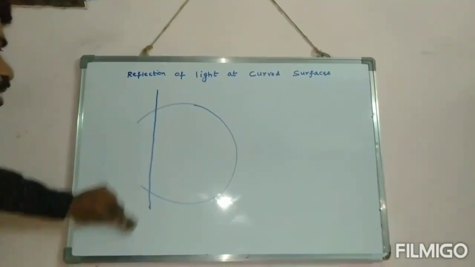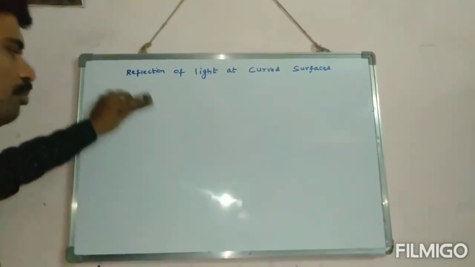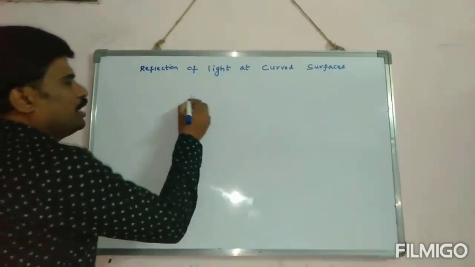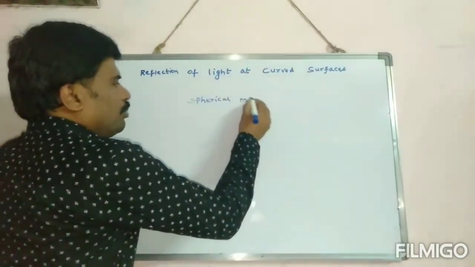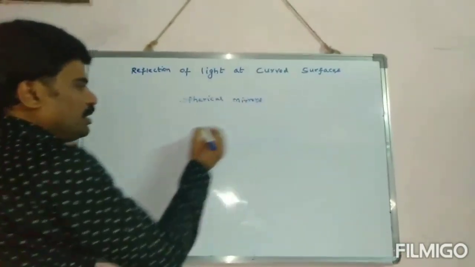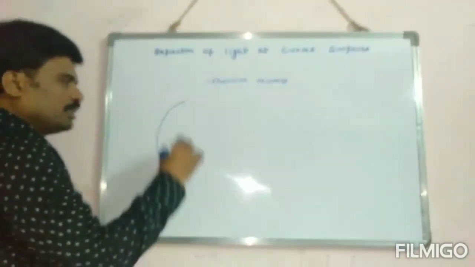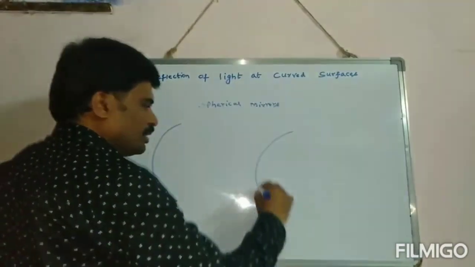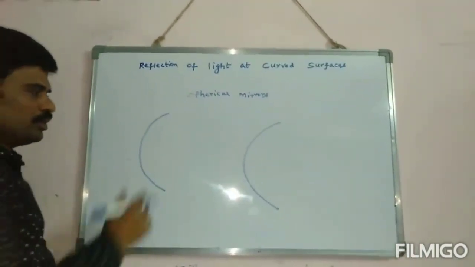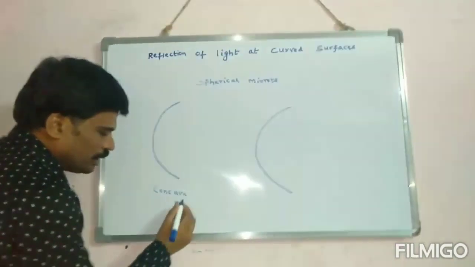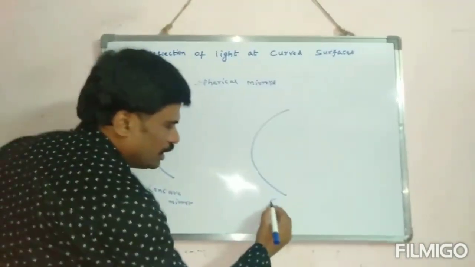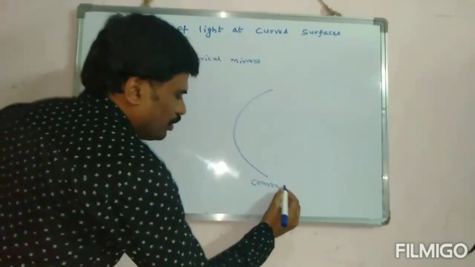Now let us learn about spherical mirrors. What are spherical mirrors? Spherical mirrors are curved surfaces and there are two types. One is the concave mirror and the other is the convex mirror.